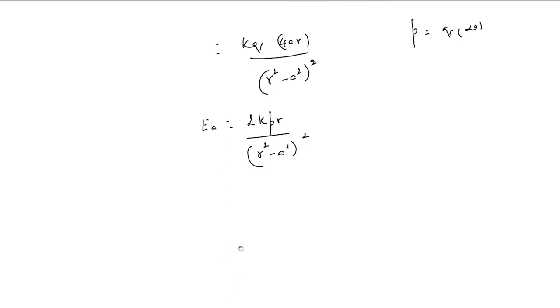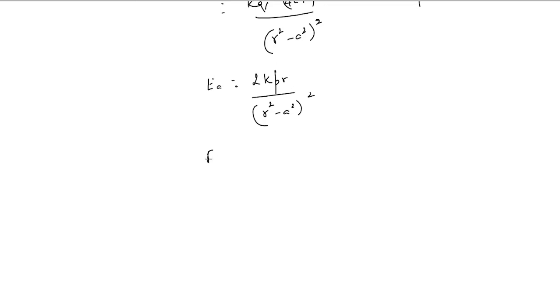Now we take a case for a short dipole. A short dipole means that the distance between the charges of the dipole is small compared with the distance of the dipole from the point where we need to find the electric field. So for a short dipole, a would be less than R. In that case, a square would be very much less than R square.